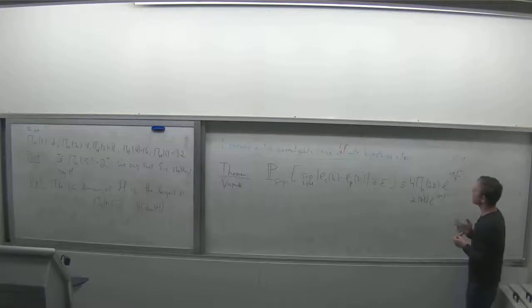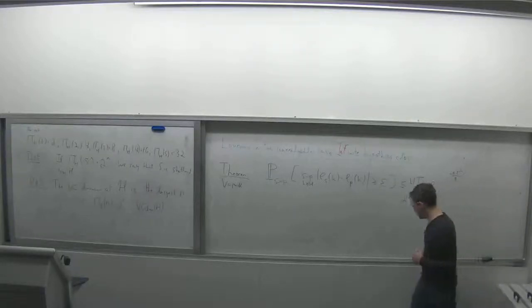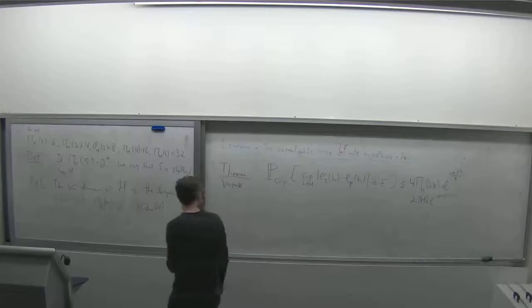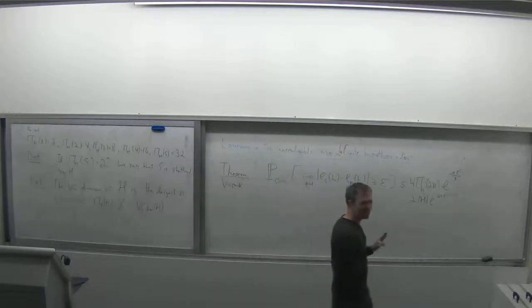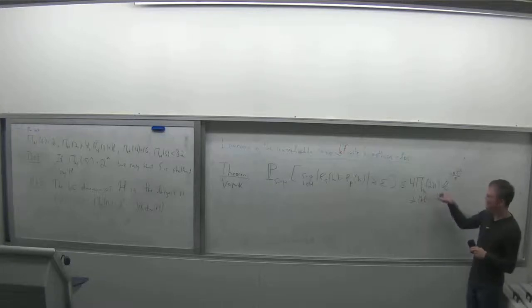So now, if you have a finite VC dimension, what happens to pi H 2n? What can you say about it? Thus far, the only thing we can say about it is that it's not exponential, I mean, it's not 2 to the 2n.